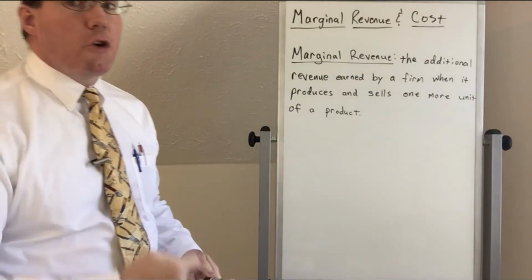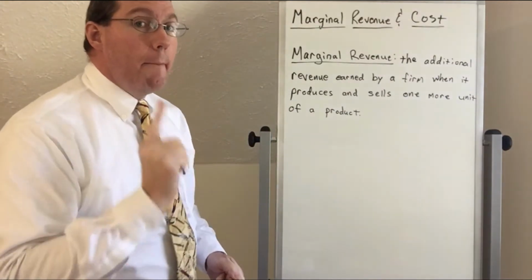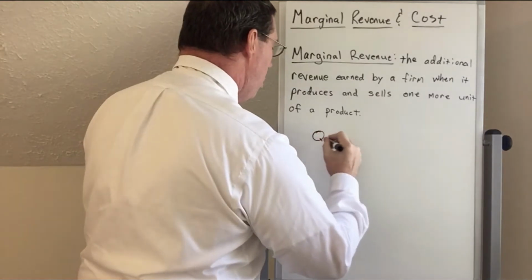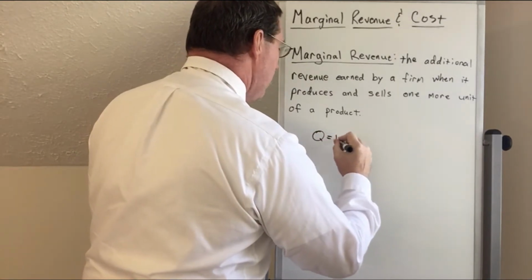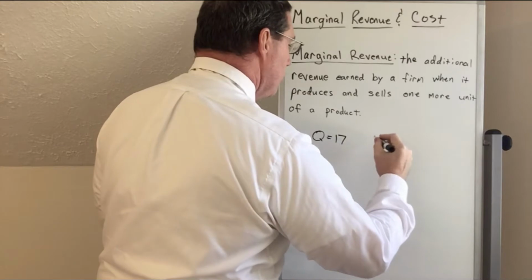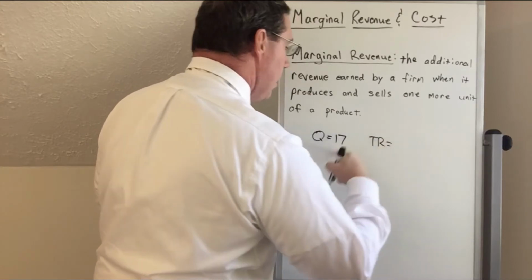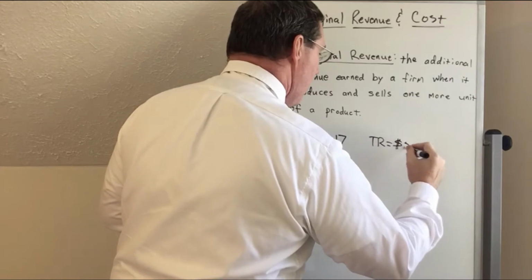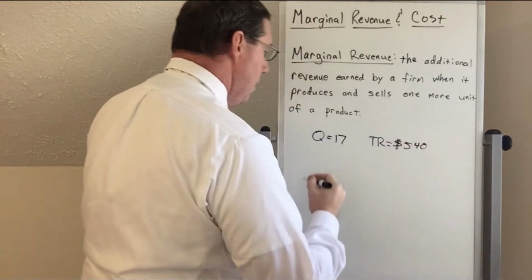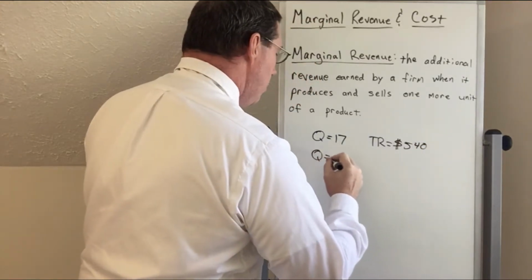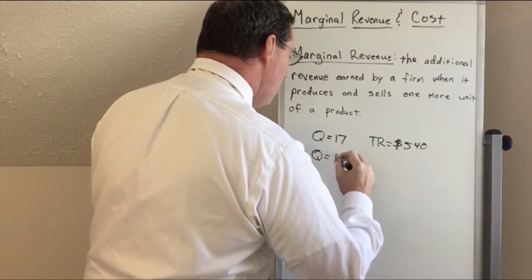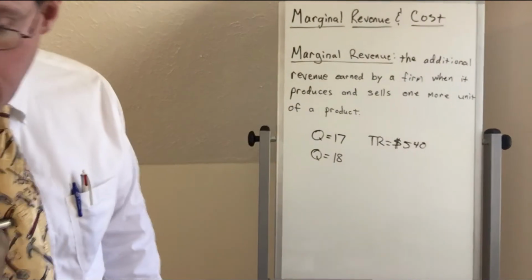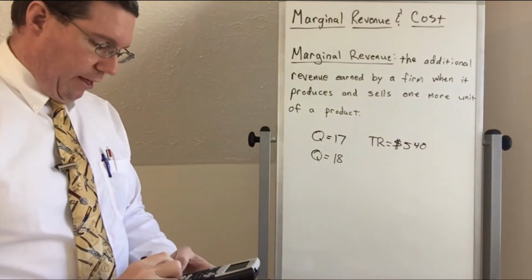What does that mean? That means quantity is going up by one, okay? So let's say that you have quantity is 17, and let's say that your total revenue, when quantity is 17, is $540, and when you produce and sell one more, if you were to go up to a quantity of 18, let me make this a little realistic if I can.